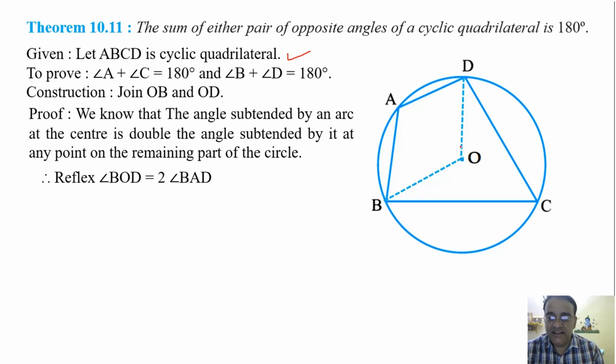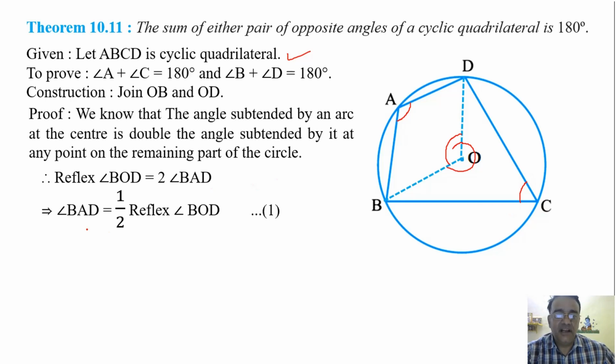So this reflex angle is equal to 2 times angle BAD. Similarly, this angle is equal to 2 times this angle.